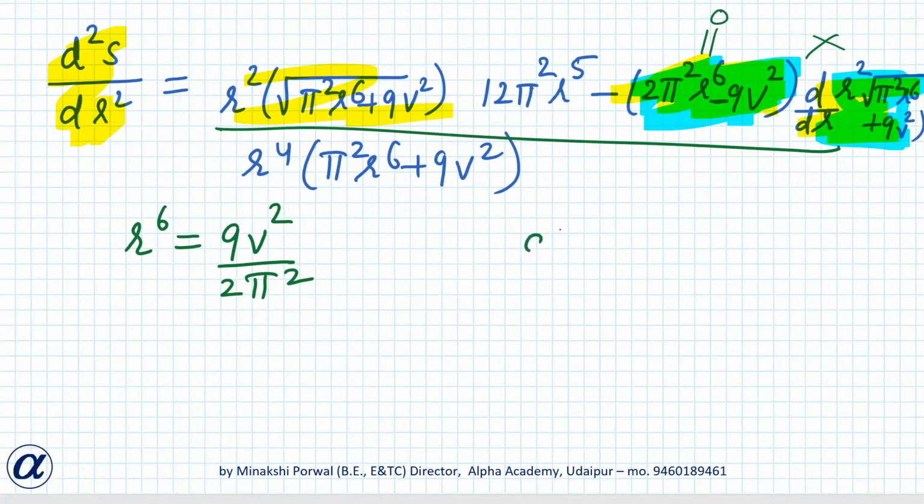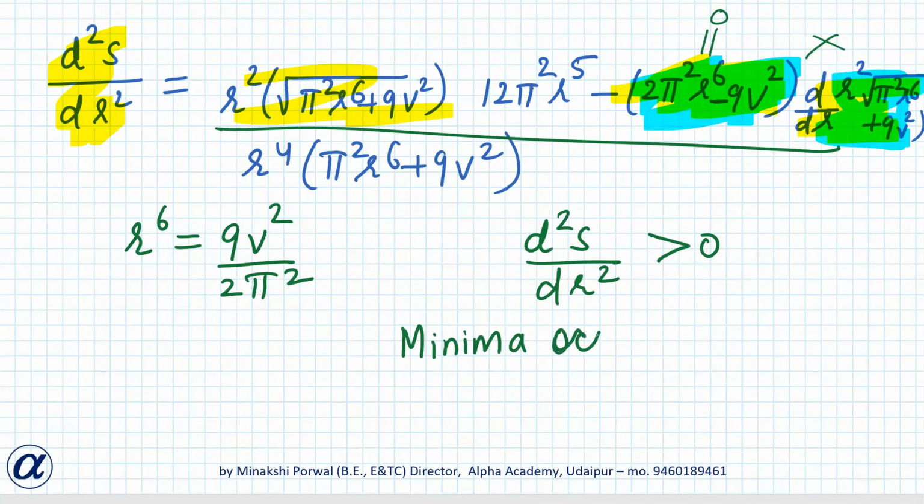So basically d square s by dr square will be greater than 0. We are interested only in the sign of d square x by dr square, which is greater than 0. That means minima occurs at r to the power 6 equals 9v square by 2 pi square.